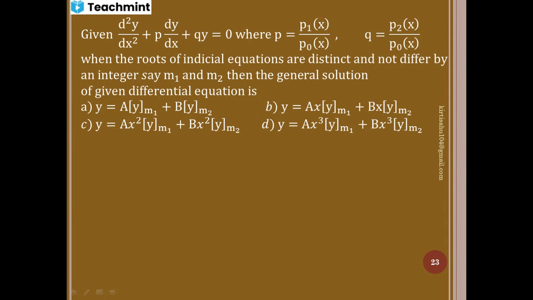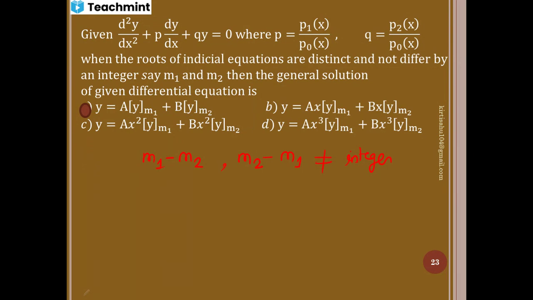We have seen that when the roots are different and do not differ by an integer, it means if you find the difference m1 minus m2 or m2 minus m1, it will not be an integer. If both are different, then the general solution is given by option number A, that is A times y at m1 plus b times y at m2.